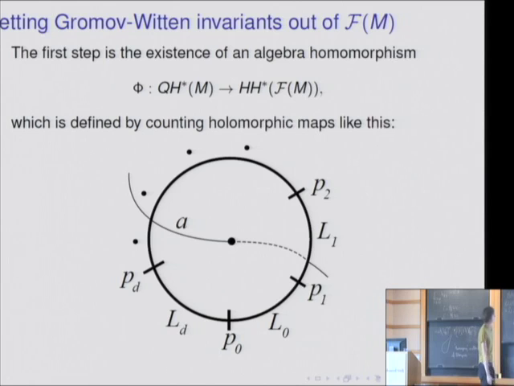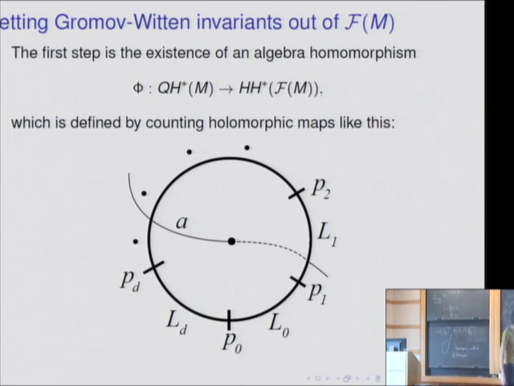So the first step along the road to getting Gromov-Witten invariants out of the Fukaya category is the existence of an algebra homomorphism from the quantum cohomology, which I introduced at the start, into the Hochschild cohomology of this Fukaya category that we're talking about.